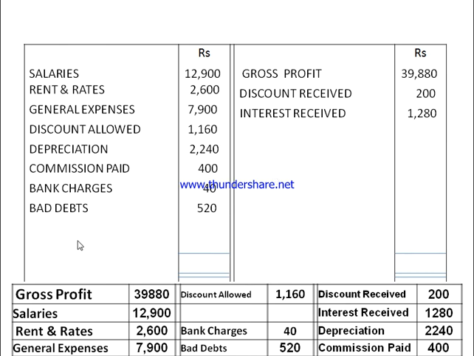After recording all the given data, the next step is to get the total of these revenue items and also the total of these expense items, and write them down somewhere on a rough place. Then match these two totals, the total of the revenue side and the total of the expense side.